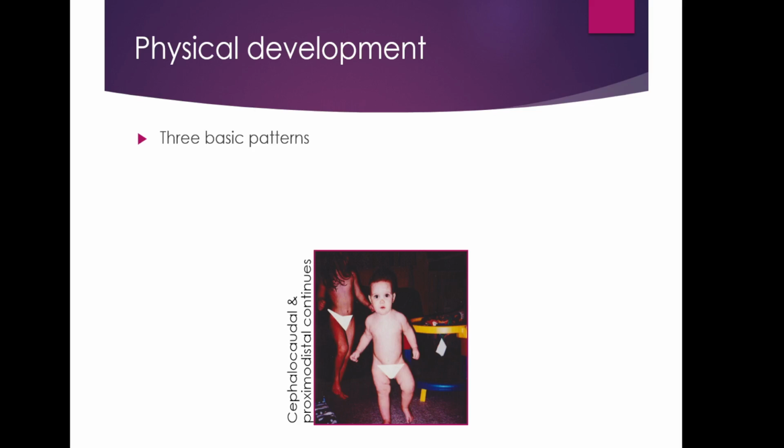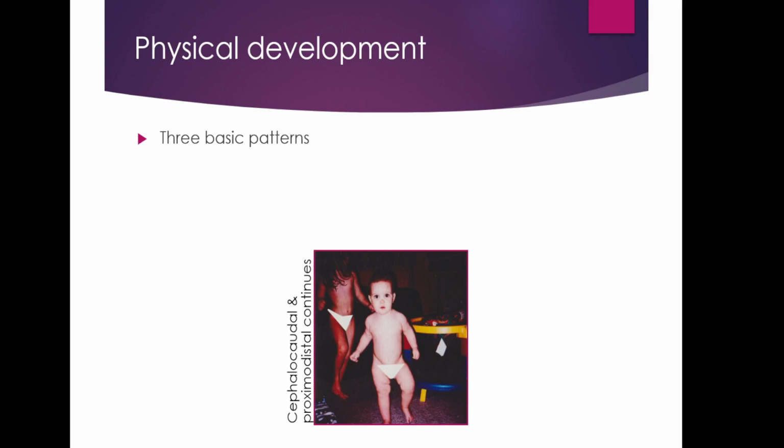And then also the cephalocaudal development. Notice how big his head is relative to the rest of his body compared to her. You can't really see her head that much, but you can infer from the hair covering her face and stuff. Her face is a lot smaller compared to the rest of her body. And that's going to continue to the point where in adulthood, the head is going to look a lot smaller relative to the body than this 1-year-old is showing.